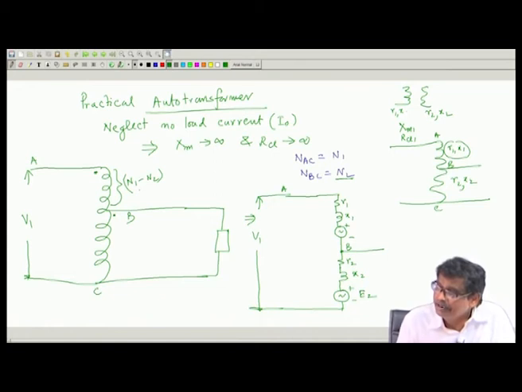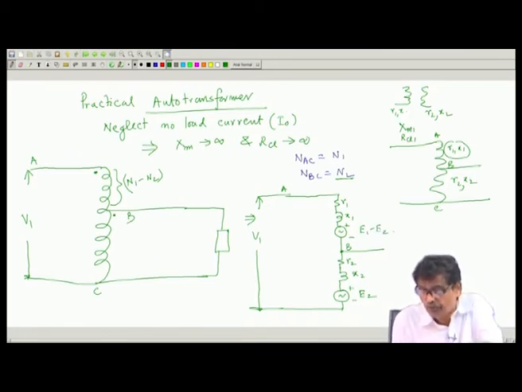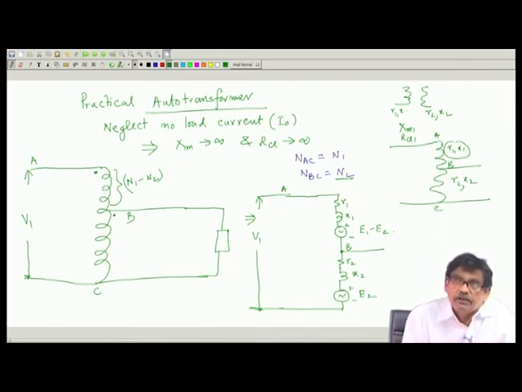It will be E 1 minus E 2. Are you with me? Because the induced voltage in N 1 turns, if I call it E 1, then the induced voltage in N 1 minus N 2 turns will be E 1 minus E 2.